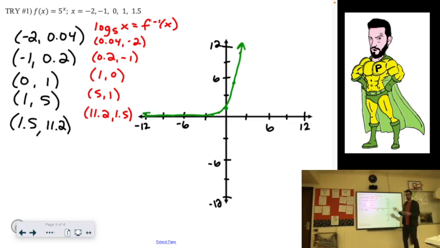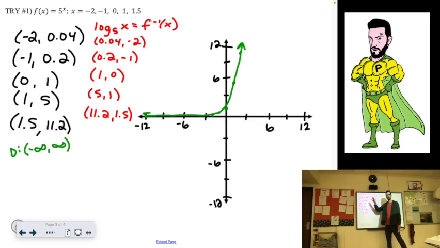So, domain, all real numbers. Our range, again, it's always going to be above 0. So our range, we could say 0 to infinity.